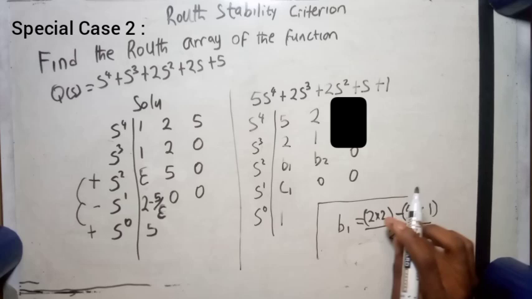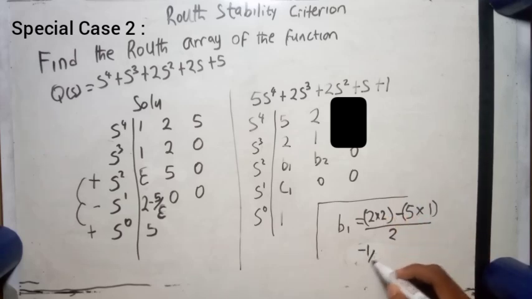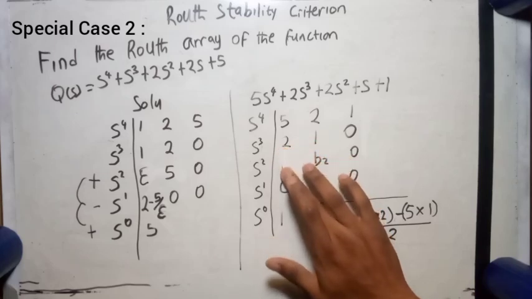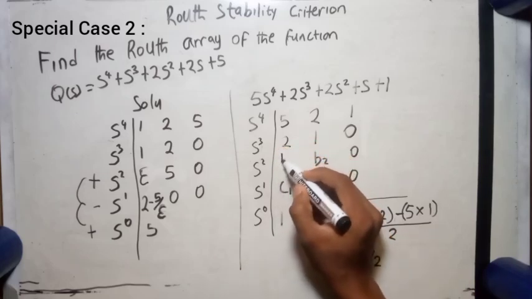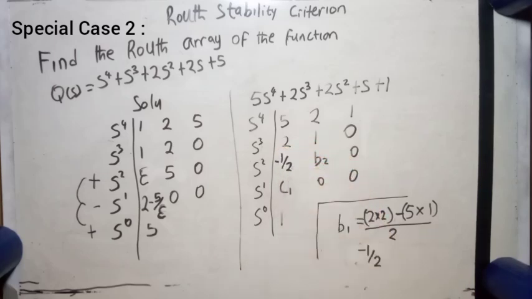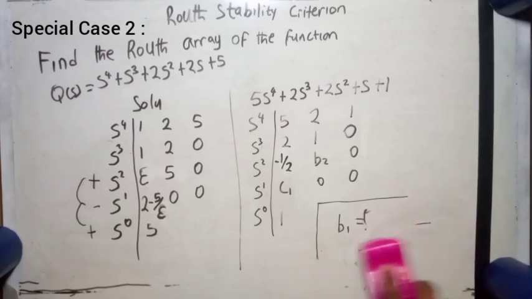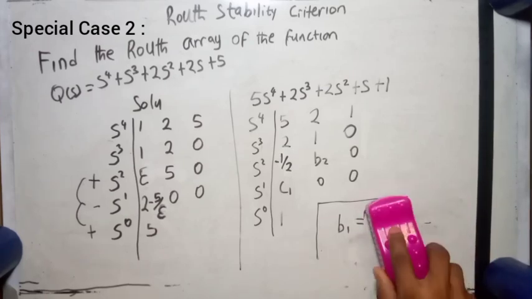This is 4 minus 5, that is minus 1 over 2. So our B1 is going to be giving us minus half. Remember, our main focus is the sign change.